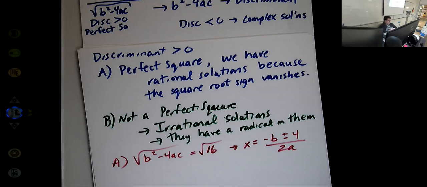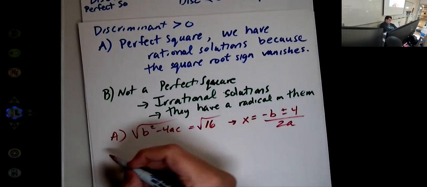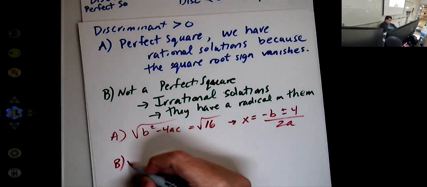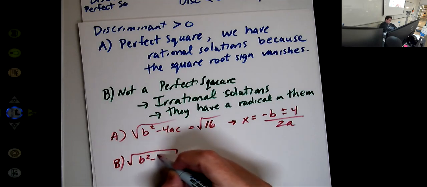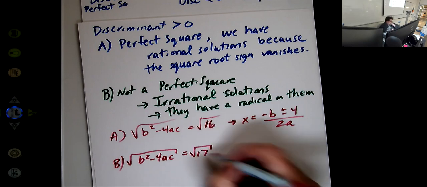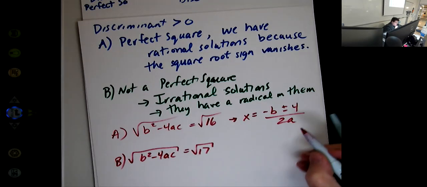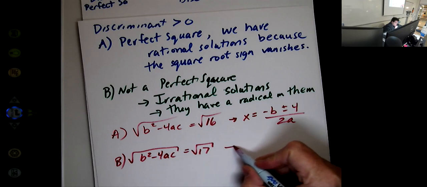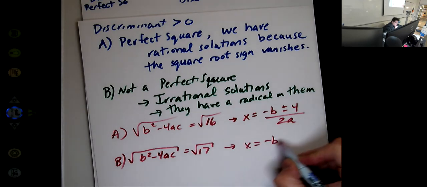There's no radical signs left. Option B, though, let's say that's 17. There's no getting rid of that radical.